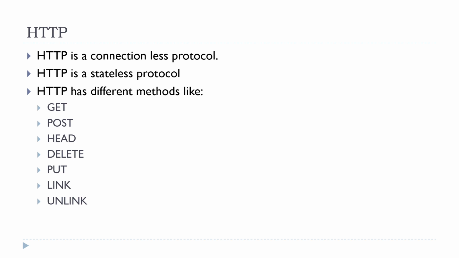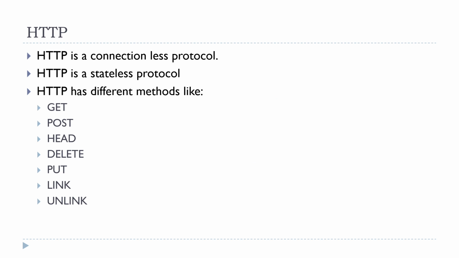Like we saw in the banking application, the client may send multiple requests to the bank server. In that case, the client will have to establish a new connection every time and then send a new request every time. So this is what we mean by a connectionless protocol.